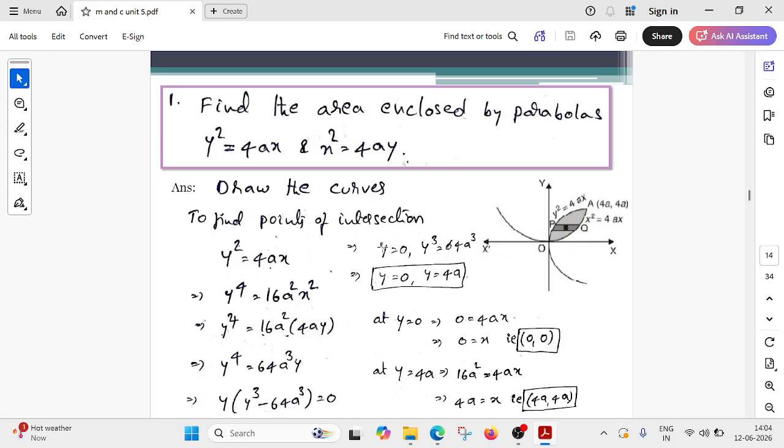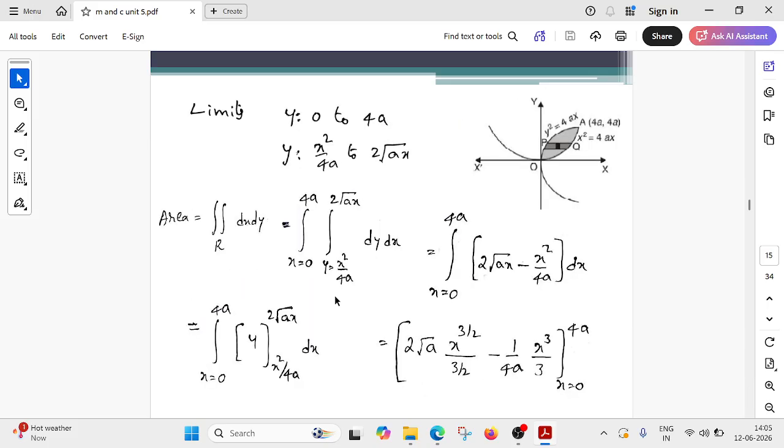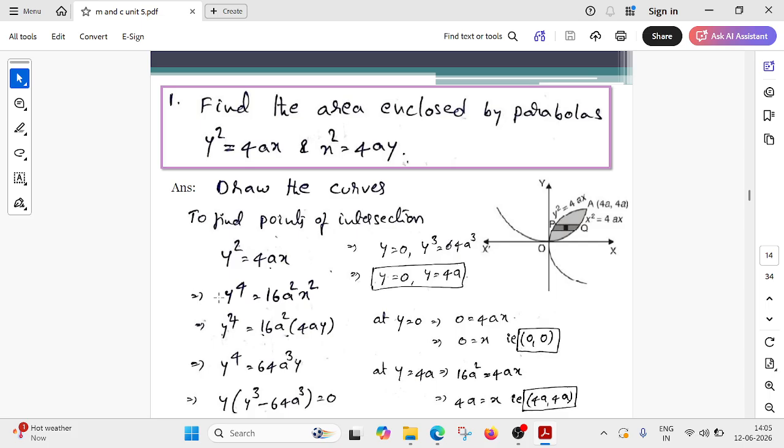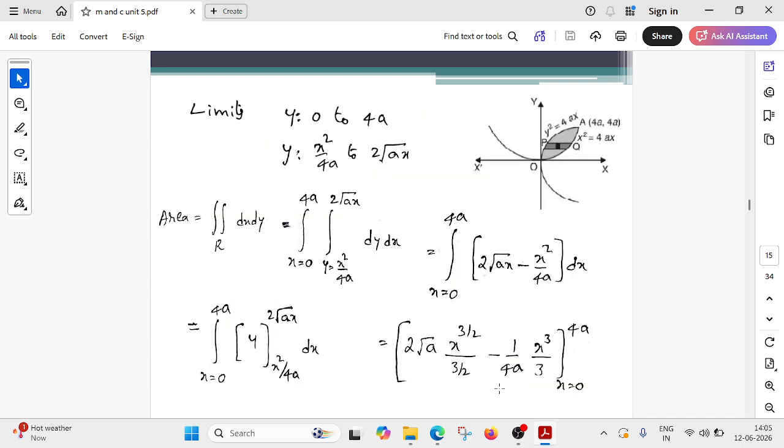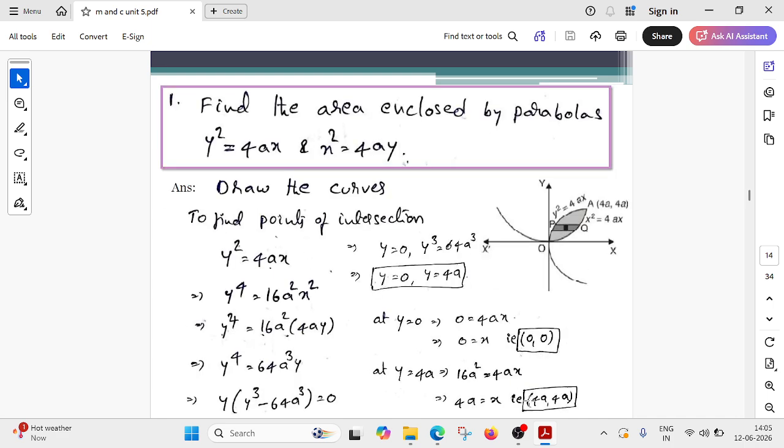And then next, for y square equals 4ax, what you are going to do is put y equals 0 and you are going to get this. And then y power 4 equals, substituting these values here, you will get that at y equals 0 and at this you'll get this term.